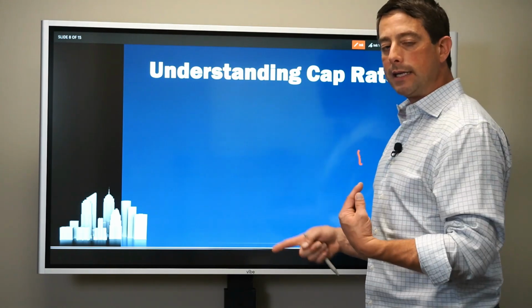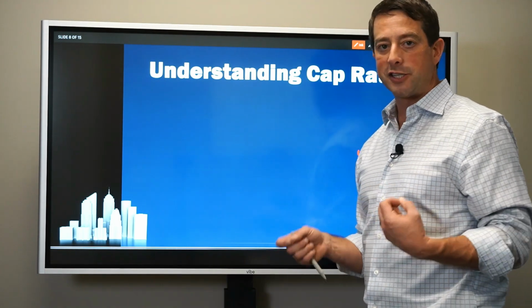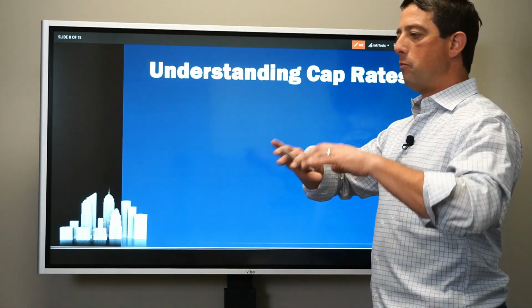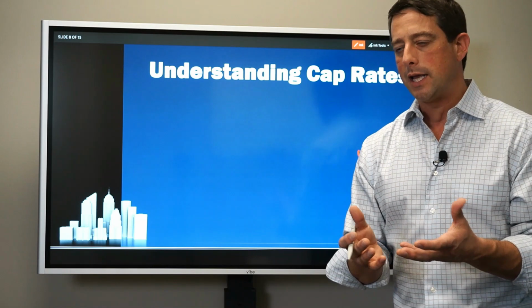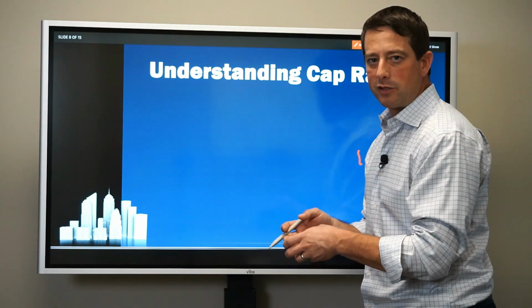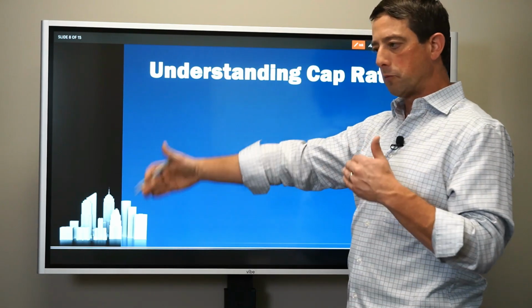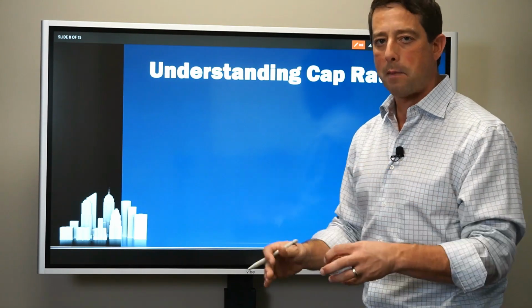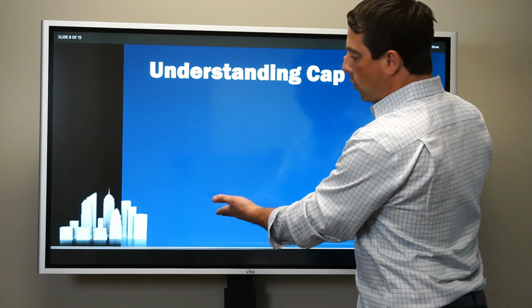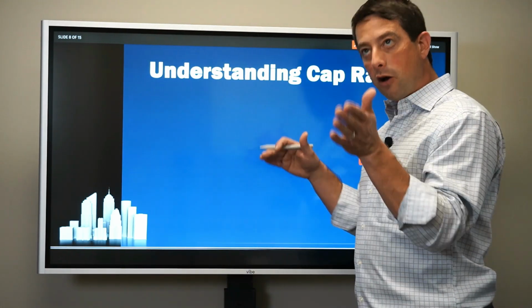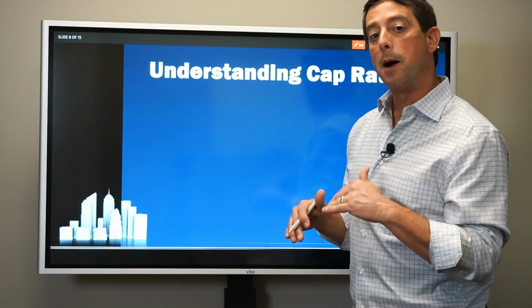So cap rate is an inverse relationship. Typically speaking, the lower the cap rate, the more valuable the property, but the less cash flow it's going to have. As you go into older buildings or lesser valued properties, that cap rate will go up, but so will the cash flow, because the appreciation may not go up as much.